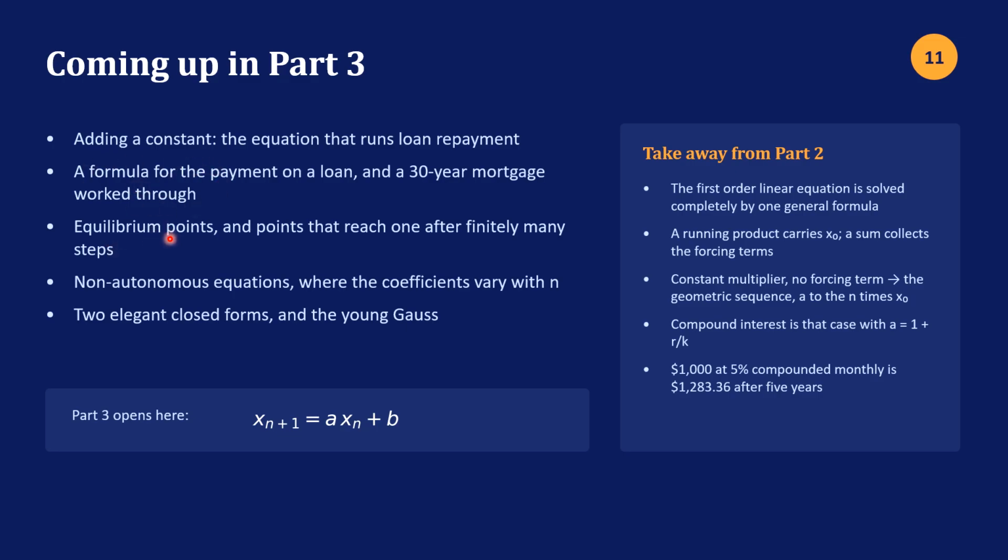We'll talk about equilibrium points and points that reach one after finitely many steps. Non-autonomous equations where the coefficients vary with n. And then two closed forms from the young Gauss. Carl Friedrich Gauss was a very famous mathematician, and we'll show you a couple of results that he did at a very young age.